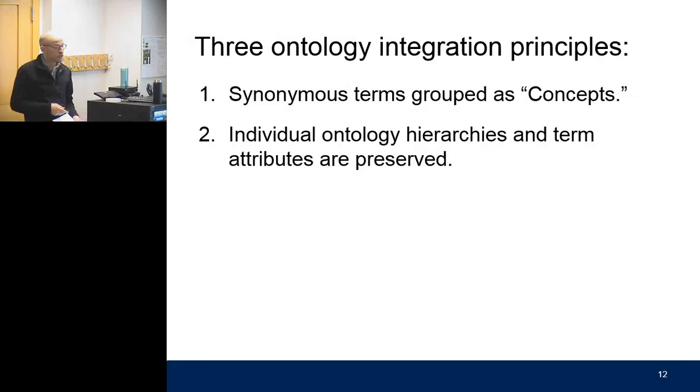The second integration principle is that individual ontology hierarchies and term attributes are preserved. So not only is the UMLS pulling together synonymous concepts or synonymous terms, but as it does that, it maintains the provenance of the original vocabularies as well.